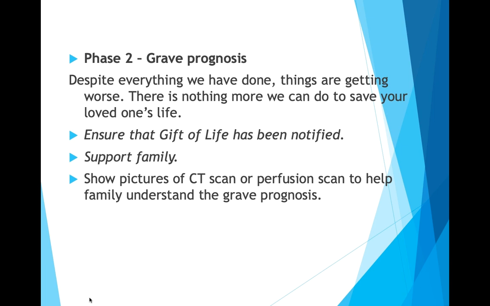They stay behind the scenes and just start to get some information. You also are supporting the family. In addition to taking care of this critical patient, you're supporting the family because obviously they're in a terribly traumatic time. You can have the physicians show pictures of the CAT scan or the perfusion scan to help them understand the grave prognosis.